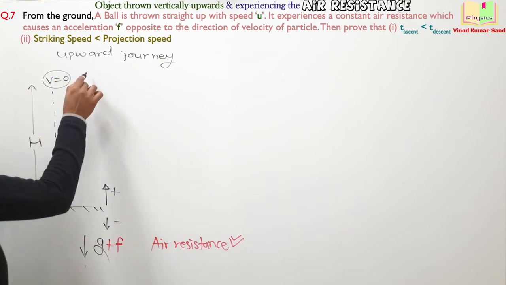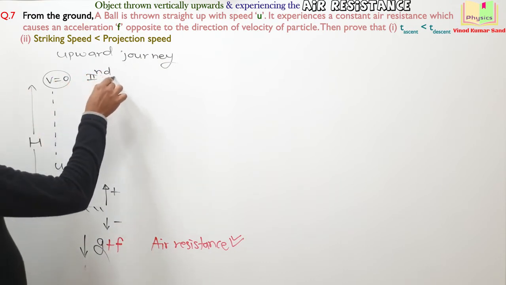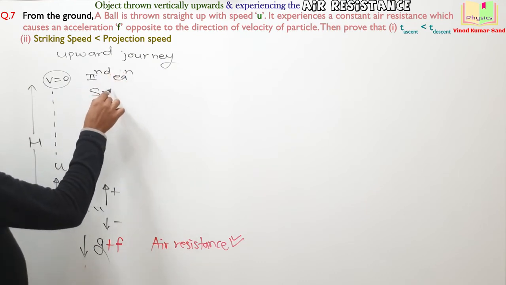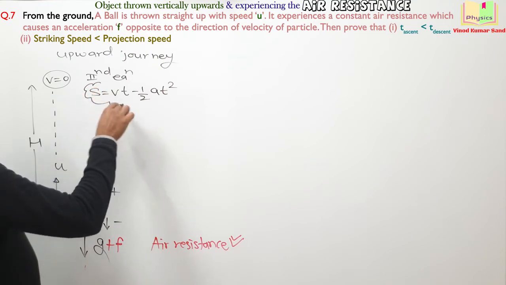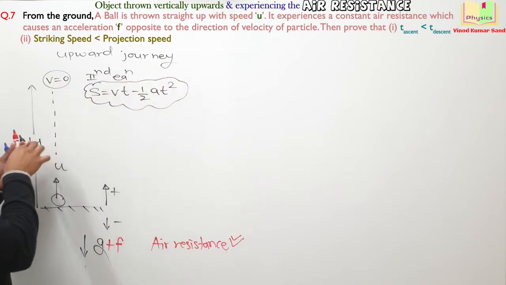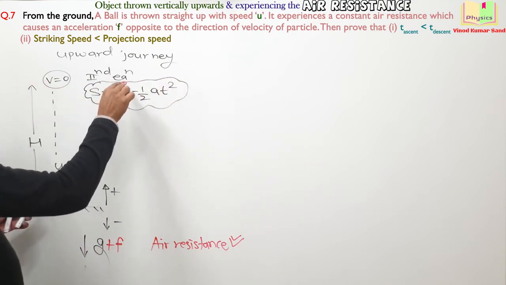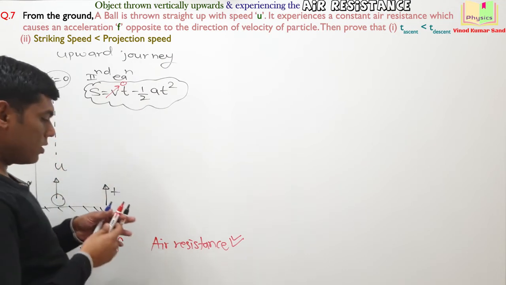So I'm using here the second equation of motion in the format s is equal to vt minus half at square. Why are we using that format? We know that v is 0, so this part will vanish. It will make your calculations quick.